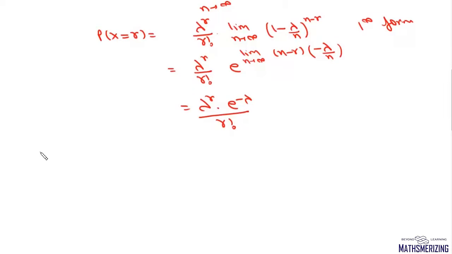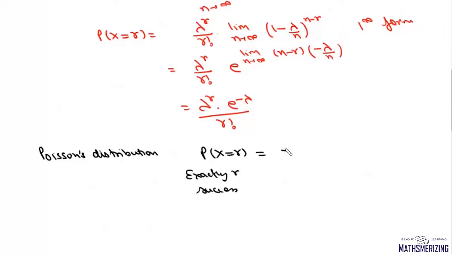So basically in Poisson distribution, the probability of exactly r successes is given by e to the power minus lambda into lambda to the power r upon factorial r, where this random variable X can take the value 0, 1, 2, 3 up to infinite, because here we have taken n as infinite.